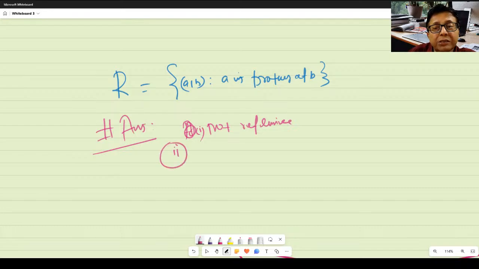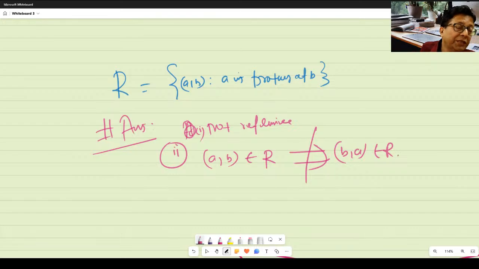Number 2, is it symmetric? (A, B) belongs to R does not imply (B, A) belongs to R. Agree or not? Why? Because if B is a girl, then A is brother of B, but B is not brother of A. You are defining that on the set of people in a locality. Then number 3, this one is true, I guess.